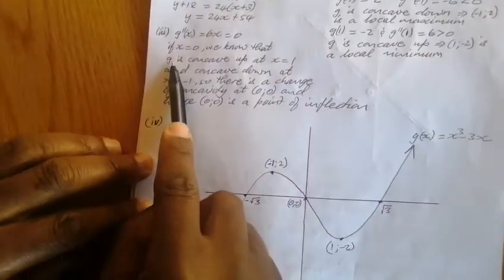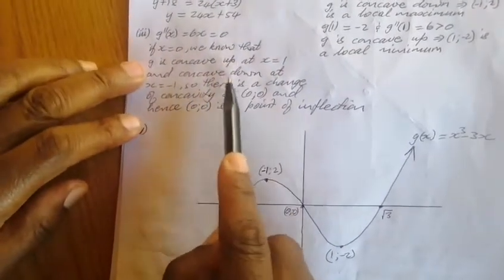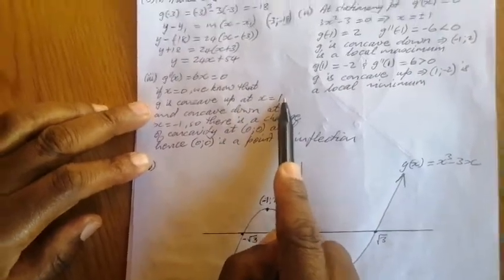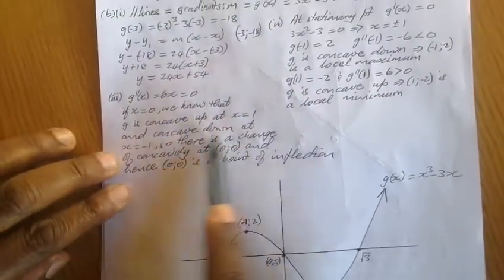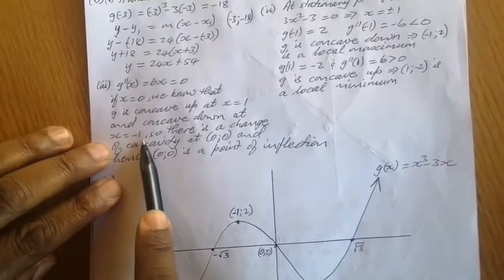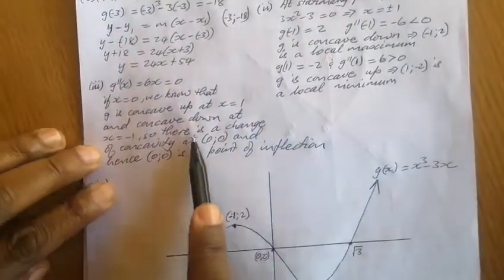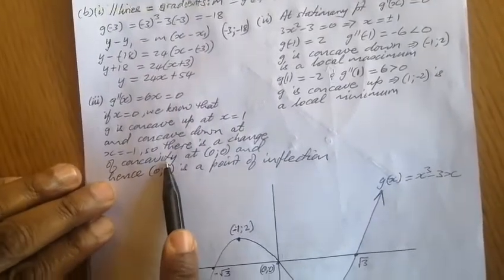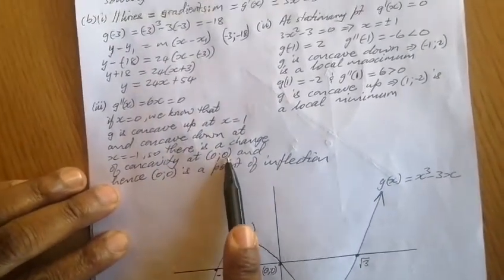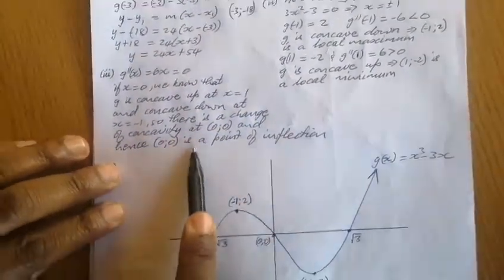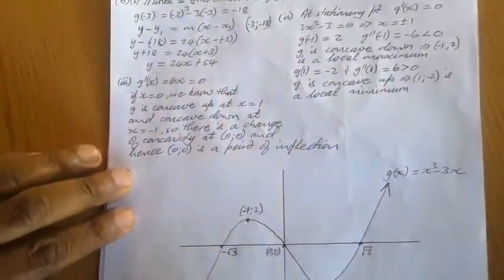We know that G is concave up at x equal to 1, and concave down at x equal to minus 1. And our x equal to 0 is in between, which means there is a change in what? In concavity at 0, 0, and hence 0, 0 is a point of inflection.